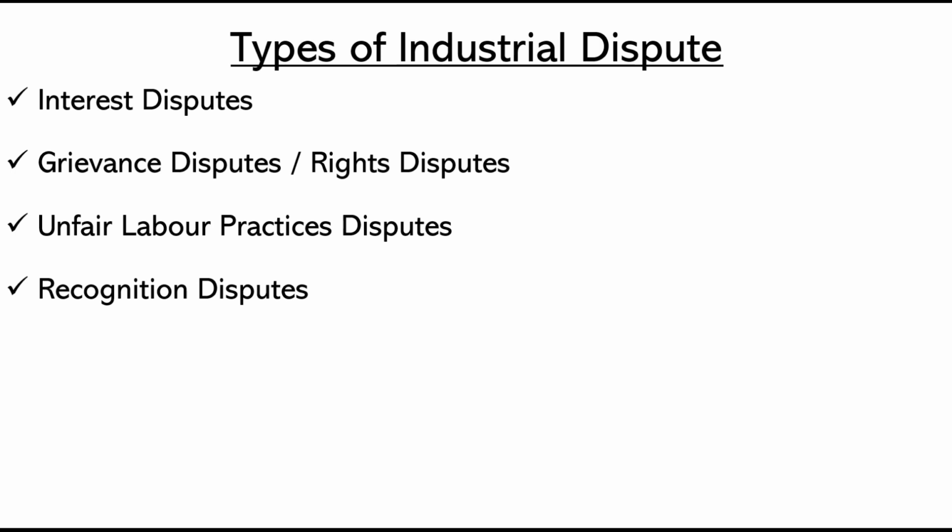Because if there are 1,000 workers in a factory or an organization, it's difficult for 1,000 people to go to the management and address that. So in order to avoid that, unions are formed, representatives of workers and employees are formed. But when management denies the recognition of that trade union, a recognition dispute happens.